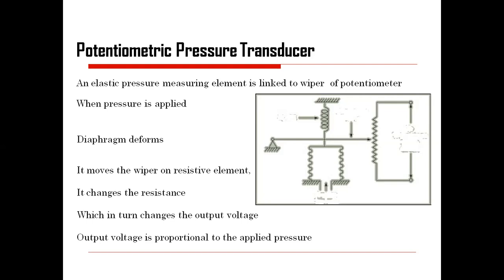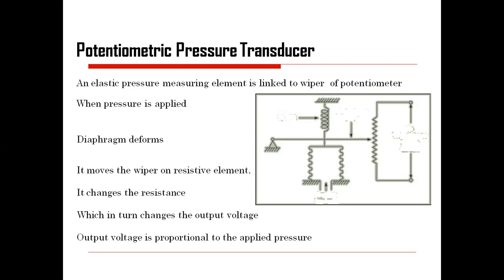So the elastic type of pressure measuring devices that we have studied were the diaphragm type, bellows type, then Bourdon tube type, and this elastic type of sensor or transducer has been used for the pressure measurement. When we are using the dial gauge, at that time the observation error may be there.